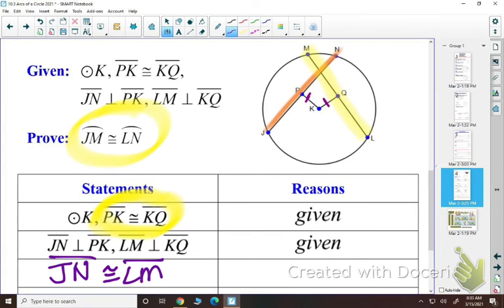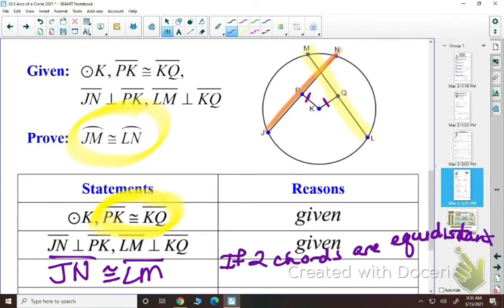My reason goes back from the congruent chords lesson, and it says something like this: if two chords are equidistant from the center, then the chords are congruent.